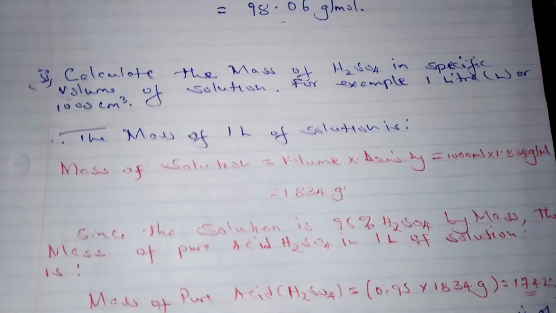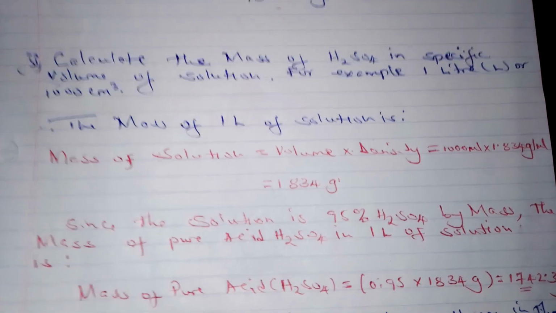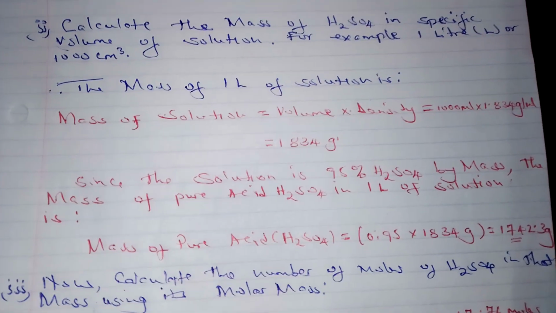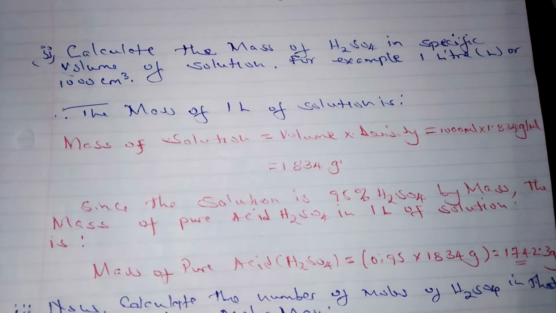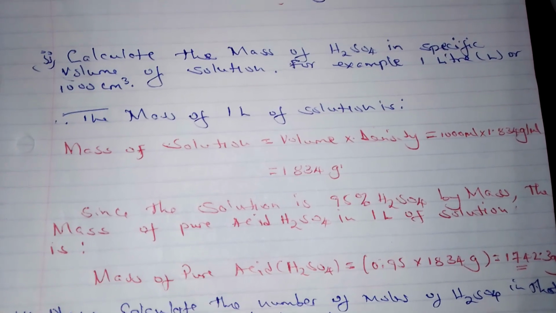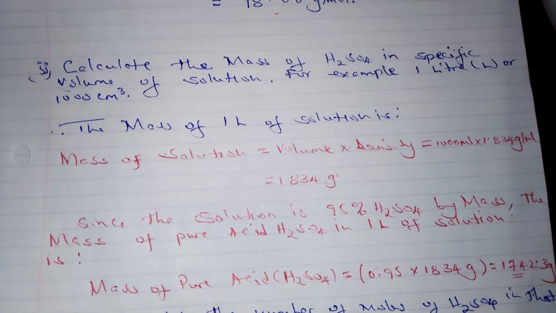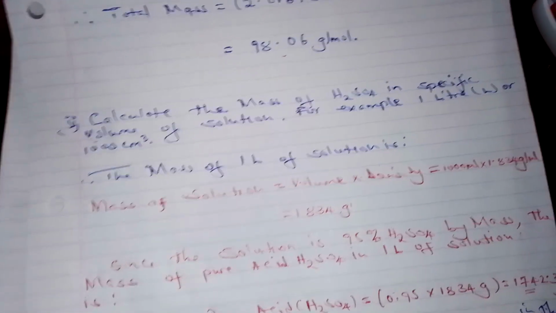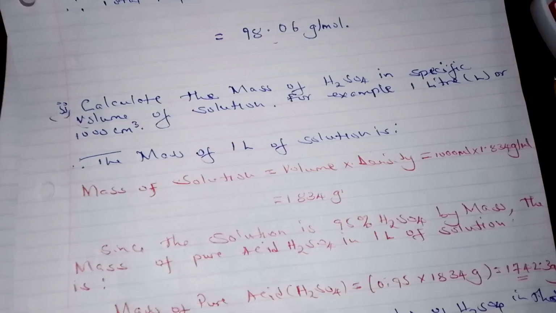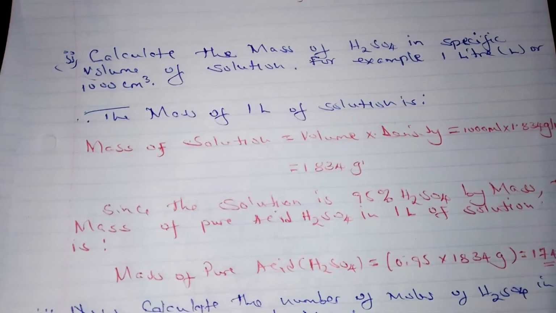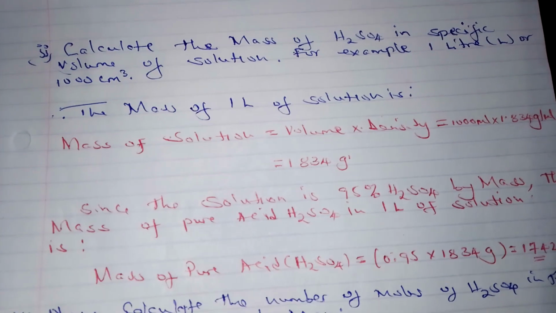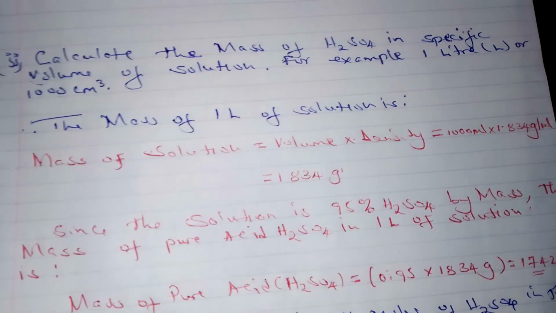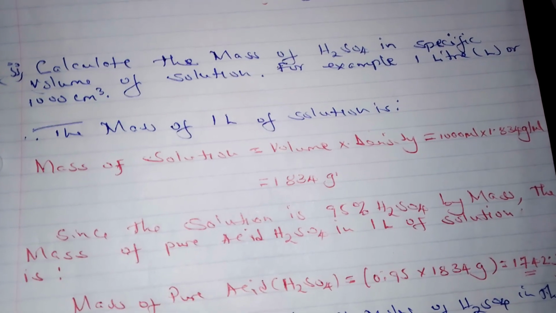Since the solution is 95% sulfuric acid by mass, the mass of pure sulfuric acid in a liter of solution is equal to 0.95 times 1,834, which is this one here. You multiply by 95%, or 95 over 100, which is the same as 0.95, and then multiply by 1,834 grams.